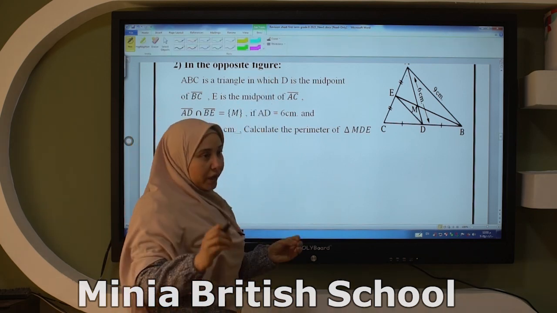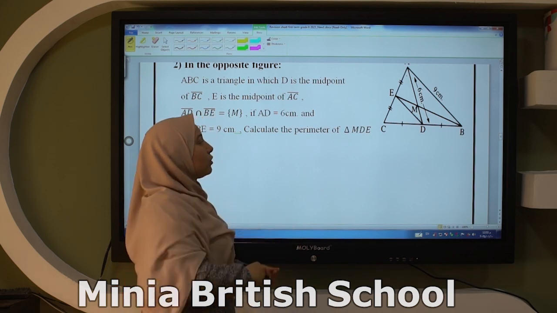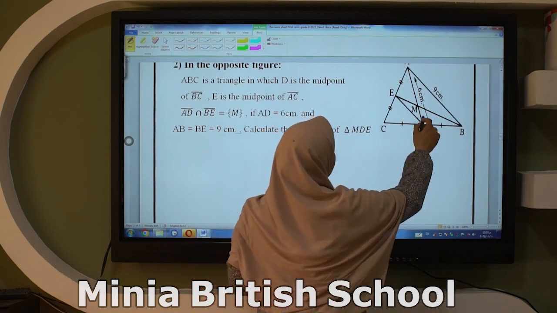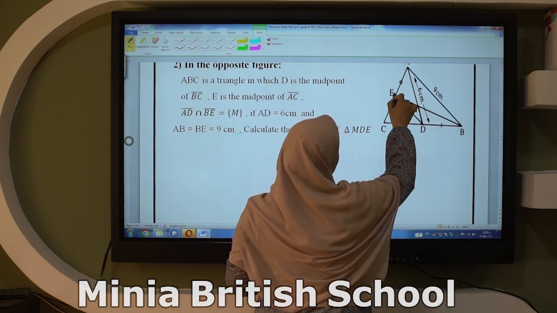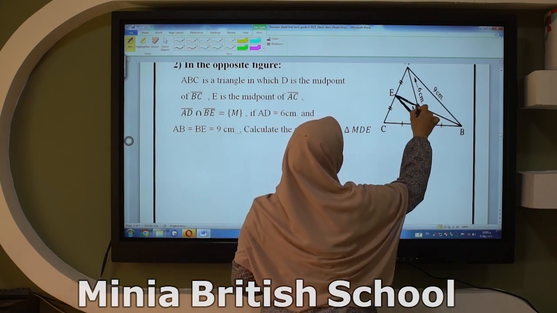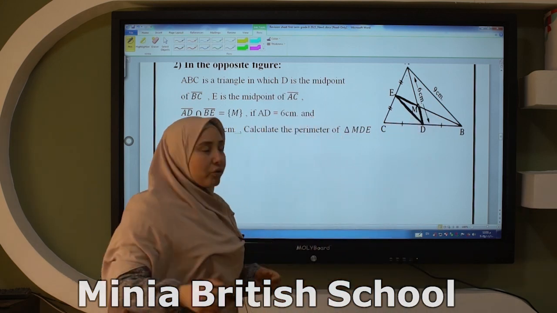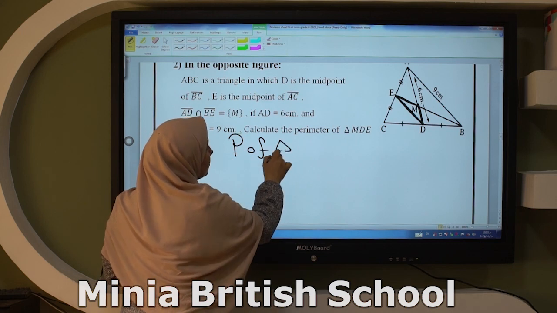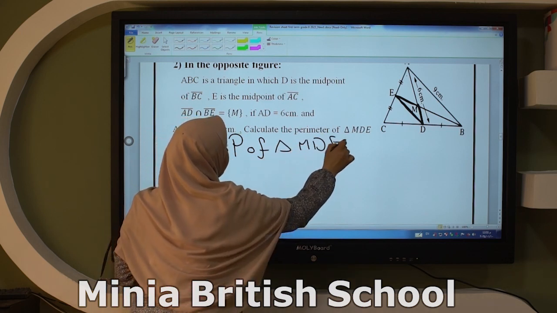Determine the triangle whose perimeter you need to calculate. The triangle MED. The perimeter of any triangle equals the sum of its sides.